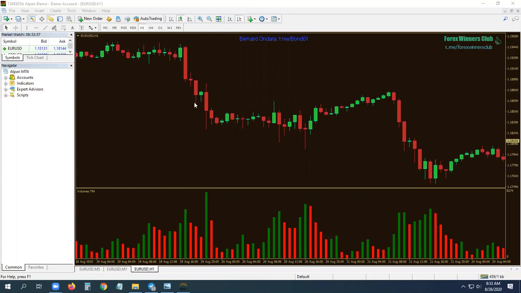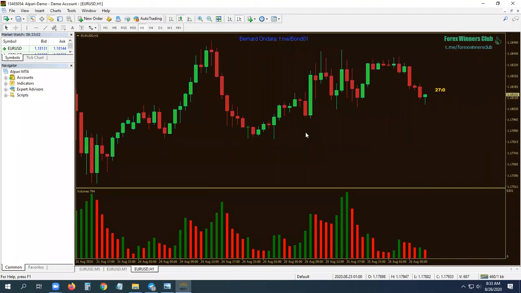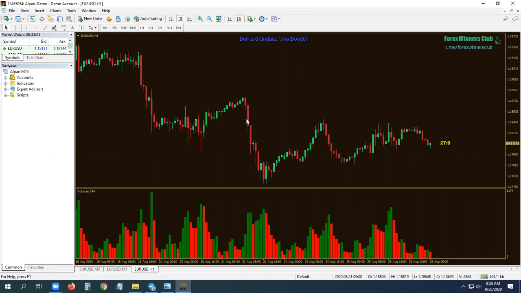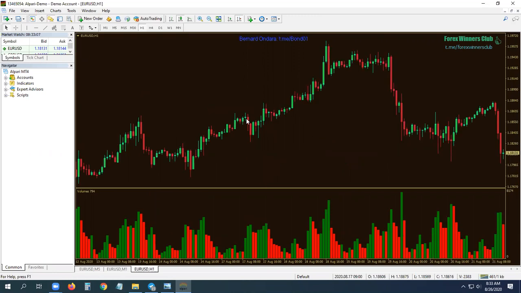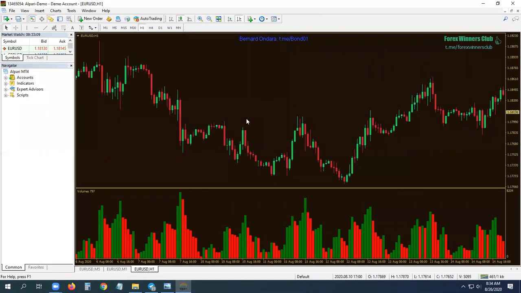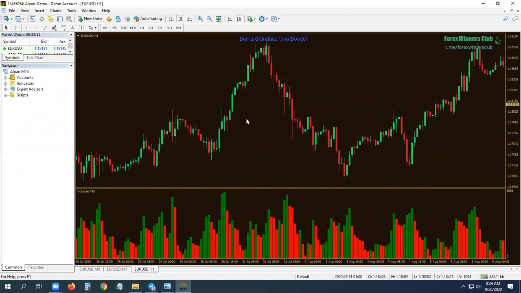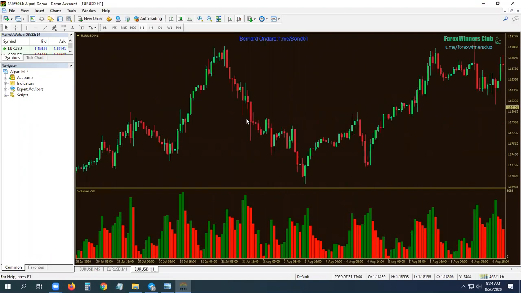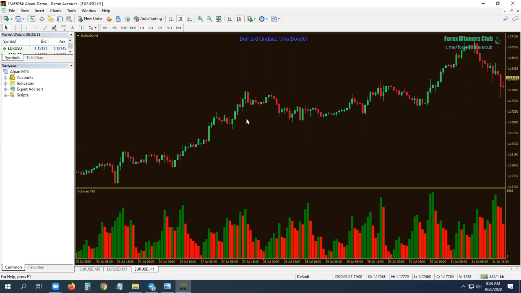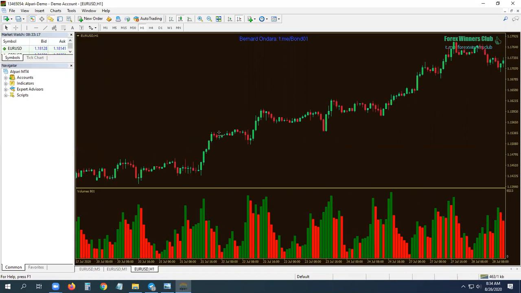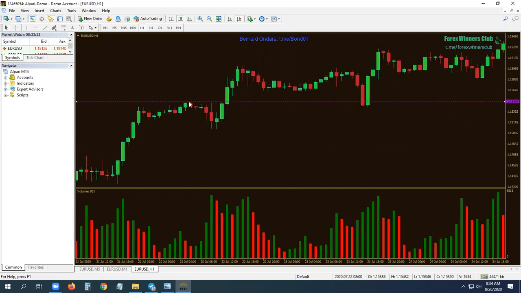For example, I think I've shown you this before, but let's see it again. Let me get a place where we can get a good setup with those explanations. Okay, let's see. This was previous resistance, broken, acting as support.